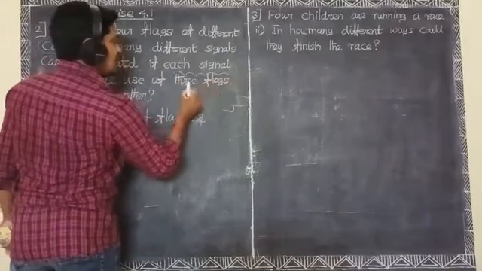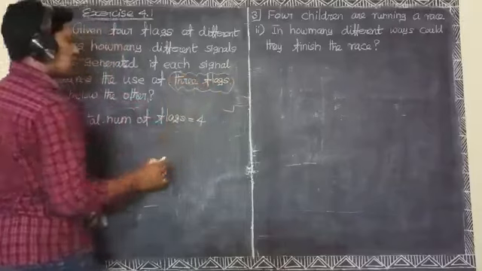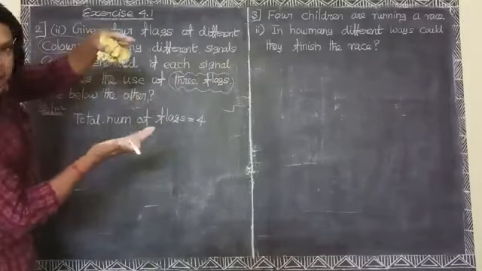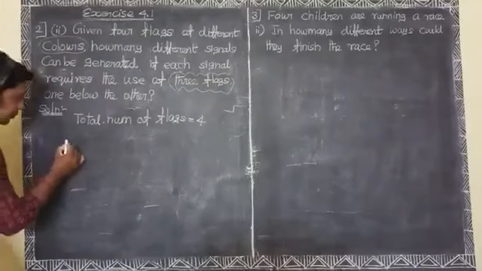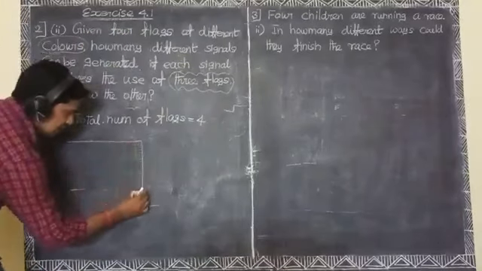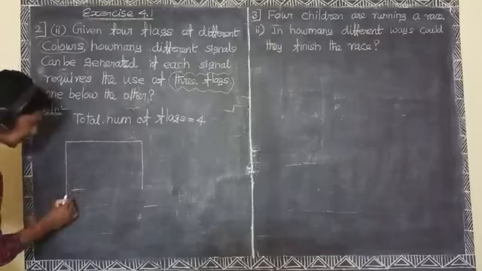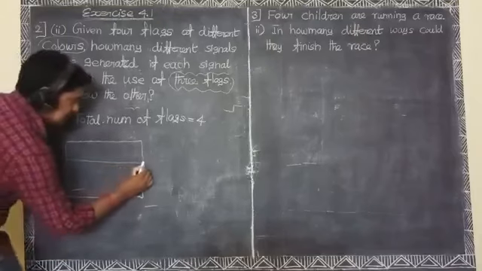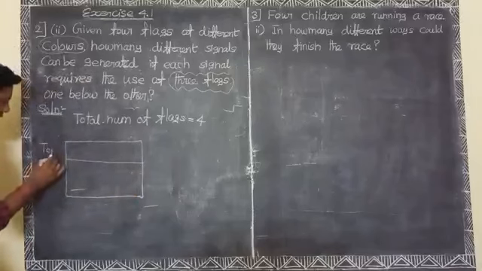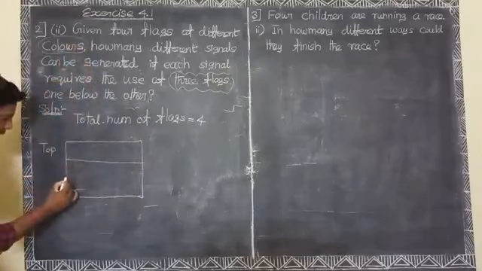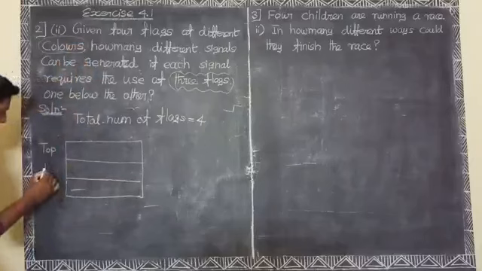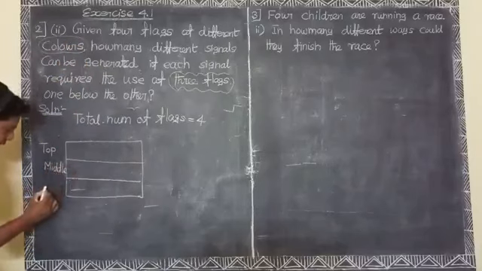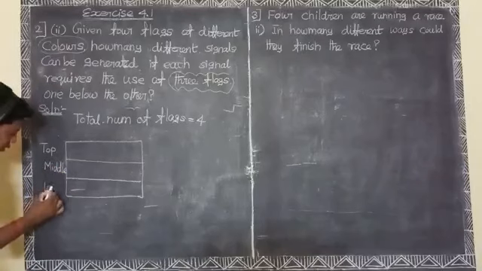Using 3 flags out of 4, one below the other, it means 1 by 1. Here, assume this is the top order, this is the middle order, and this is the last one, the lower order.